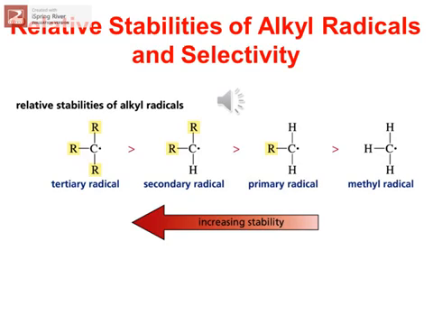Why is the methyl radical the least stable and the tertiary radical the most stable in this series? The answer to this question is hyperconjugation and the resonance of the unpaired electron. The unpaired electron in a free radical is not localized on the carbon atom.